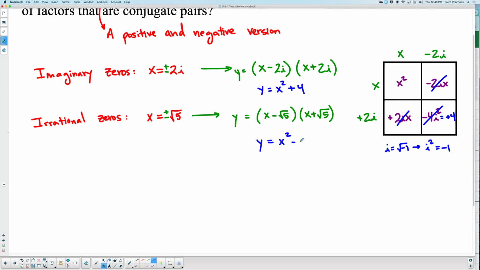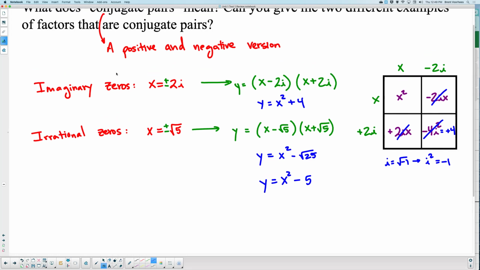Negative square root of 25, and you could simplify that one more time. What is the square root of 25? 5. This would be x squared minus 5. That would be that equation. You could do a box method, I just skipped it. That's where that would come from. So this one would have two real zeros. They are real. It would hit the x-axis, but they would hit at these irrational values of positive and negative square root 5. So that's what has conjugate pairs.